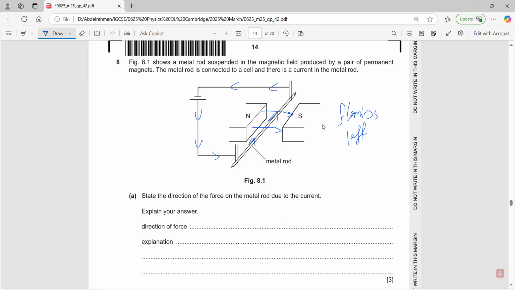So kind of flip your wrist. You'll find the thumb pointing downwards.